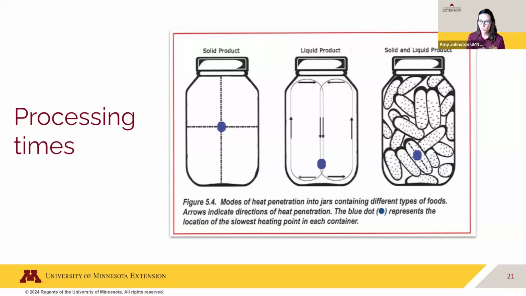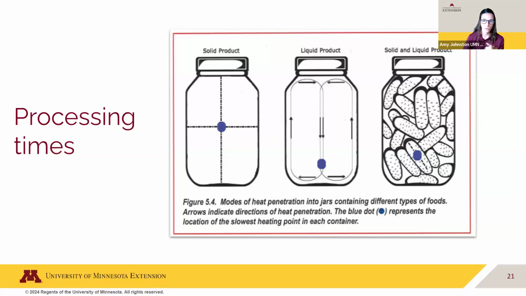And then with a solid and liquid product, the slowest point to heat is going to be in the bottom third of the jar, just because the currents of the liquid are going to be interrupted by the solid food product in there, but it will heat up quicker than a fully solid product. Again, these are some reasons why you might see differences in processing times depending on the type of food.